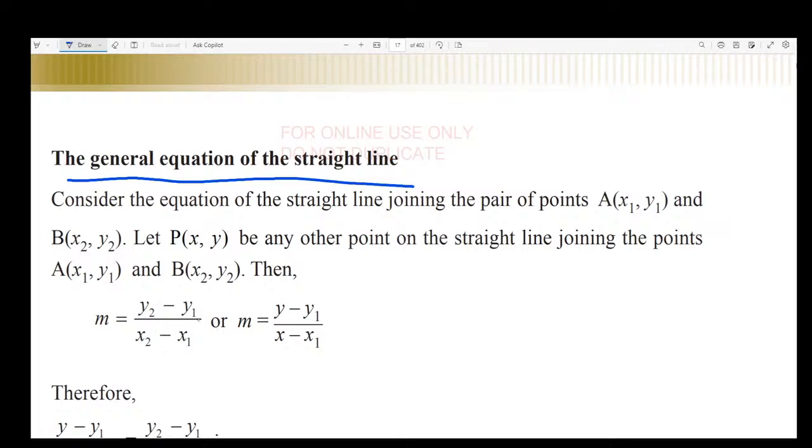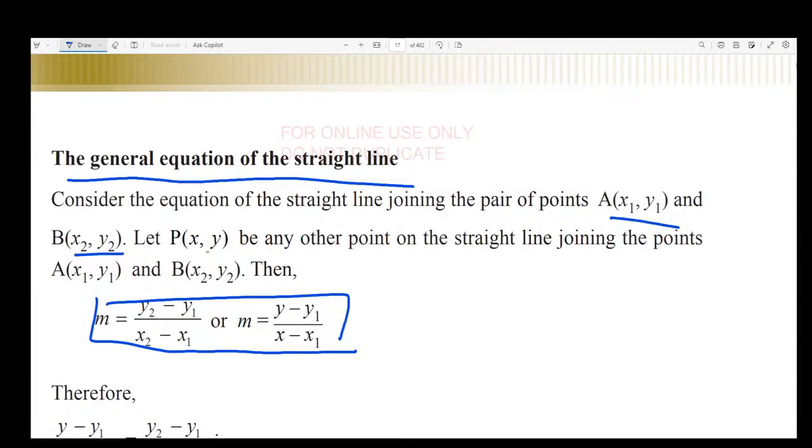Previously we have seen the slope of a line with points x1, y1, x2, y2, but there is also a way you can consider another point P to be any point on the straight line and join the points A and B, dear students.